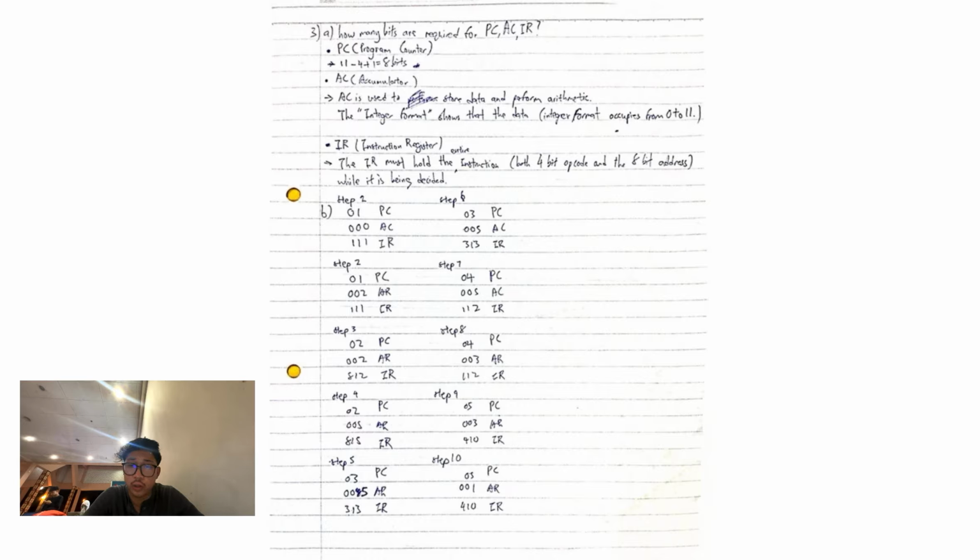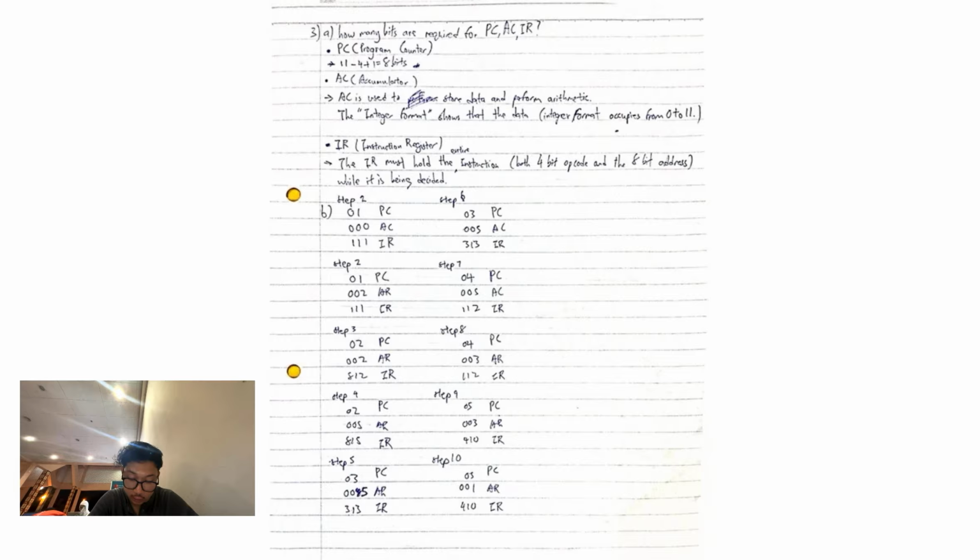So for question B, we have 10 steps, 5 fetch and execute cycles. So it's 0101 for the first fetch and execute cycle. As you can see, the AC changes from 00 to 02. IR remains the same. For step 3, the changes are AR, which we can see the IR that we have gotten is 812.